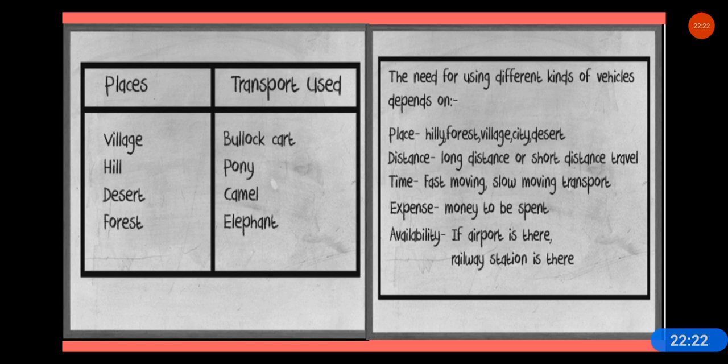Okay. Expenses. Money needs to be spent in both modes of travel. Availability. If an airport is there, a railway station is there, okay, available. So we have to look at which airports and railways are available.